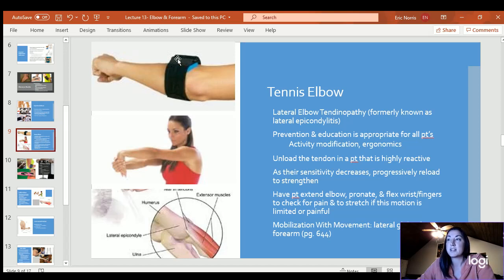It says for anybody that's highly reactive, so if they're in a lot of pain, this type of unloading brace is used oftentimes. This one specifically has a little ice pack you can put there. Some of them have maybe even an air cushion that you can blow up and release. All of them are made a little bit different, but the main thing is that they're offloading that tendon.